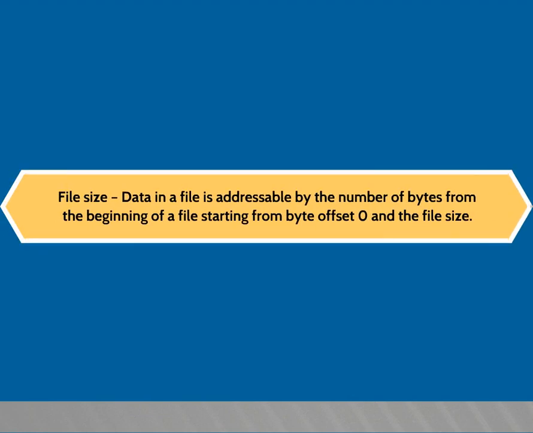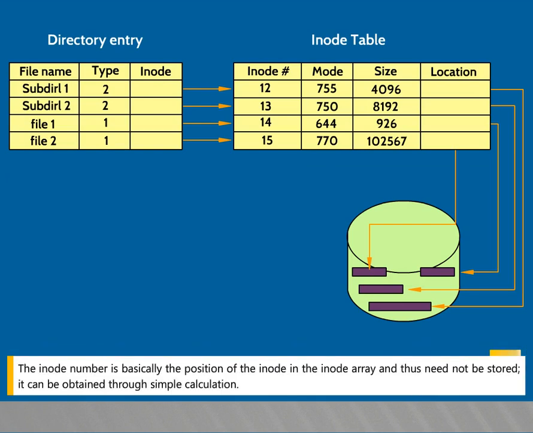File size: data in a file is addressable by the number of bytes from the beginning of a file, starting from byte offset 0, and the file size. The inode number is basically the position of the inode in the inode array and thus need not be stored. It can be obtained through simple calculation.